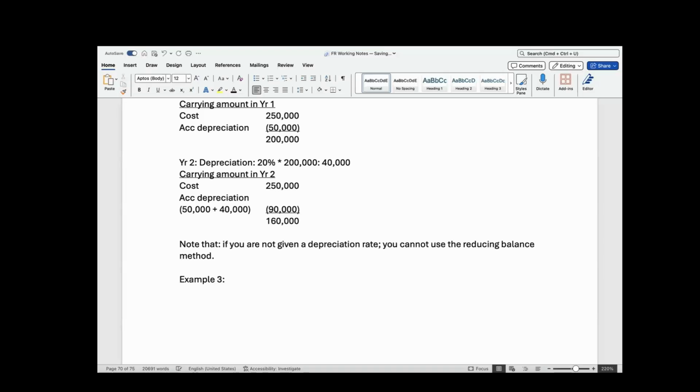Now, another example under this: if you have the cost of an asset as 300,000 and accumulated depreciation as 90,000 and you have useful life.